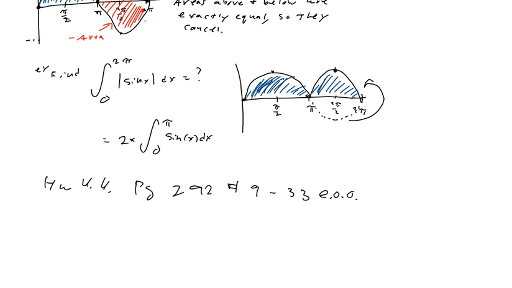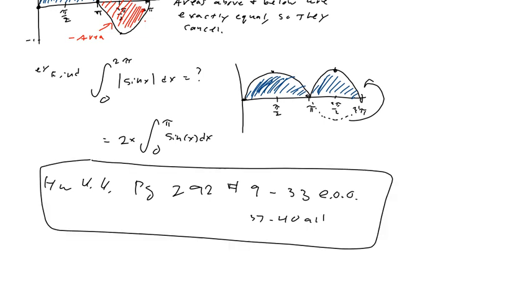And then I want you to do 37 to 40 all. So that's your assignment. Find the areas under those curves. Use the integral stuff. Due next week on Monday.